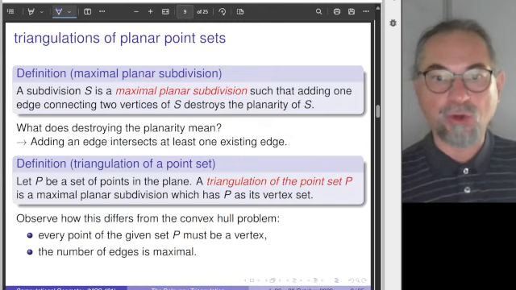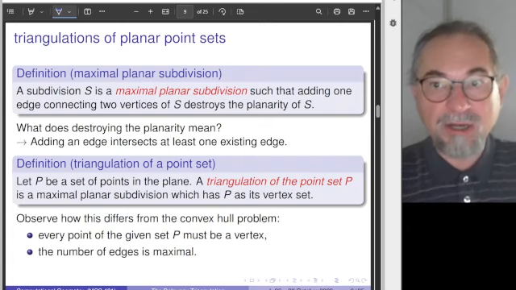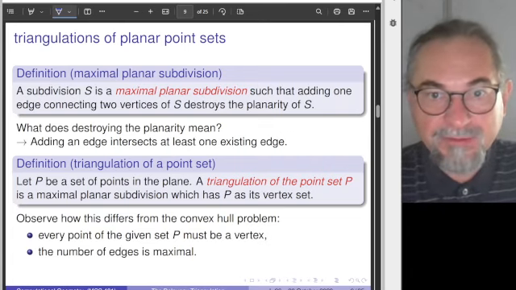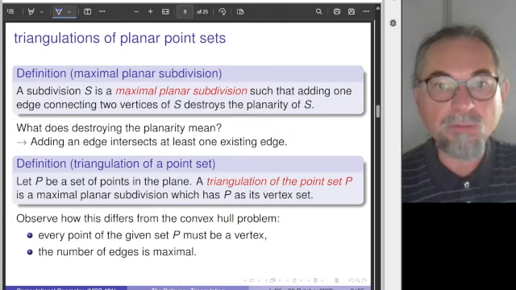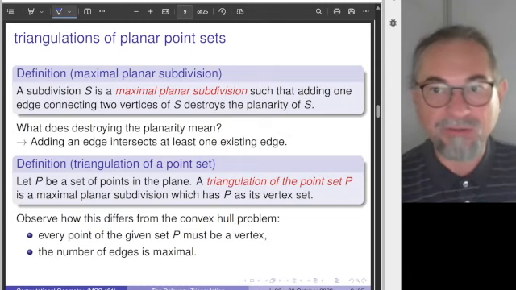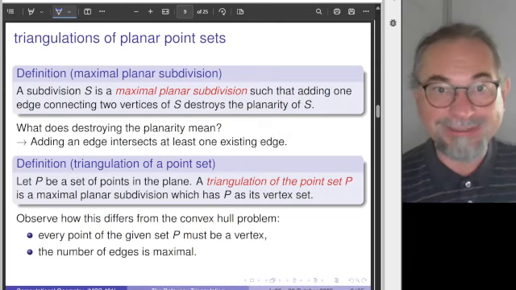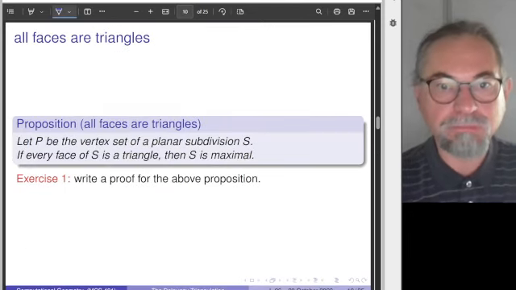So we don't want to throw away any points. Okay, maximality means that we have to be a little bit concerned about complexity. So if the size of the input is n, what is going to be the size of such a maximal planar subdivision?